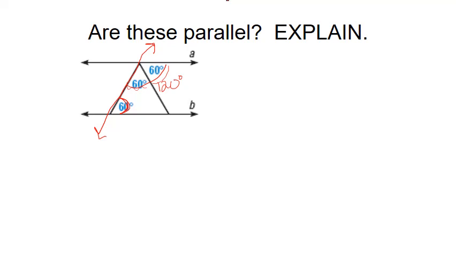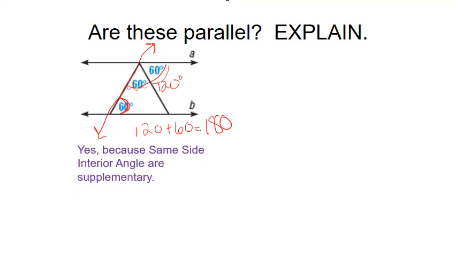They're on the inside of A and B cut by the transversal. So is 120 plus 60 equal to 180? Yes, it is. So we have same side interior, or consecutive interior, angles equal to 180. Because of that, our lines are in fact parallel, because same side interior angles are supplementary.